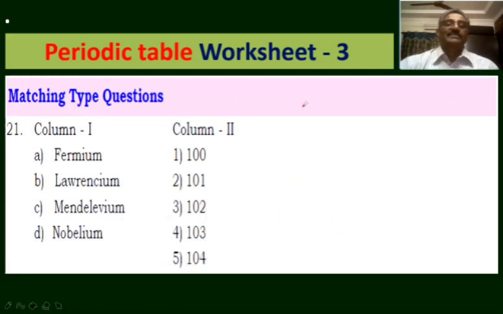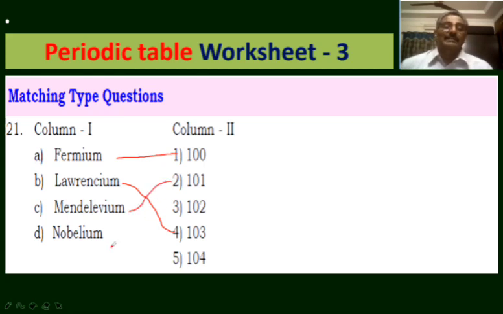Next 21st question is a matching type question. Fermium. We just discussed that atomic number of fermium is 100. Lawrencium. Atomic number of lawrencium is 103. Actinides are thorium to lawrencium, that is from atomic number 90 to 103. So lawrencium is to be matched with 103. Mendelevium, Md, 101.